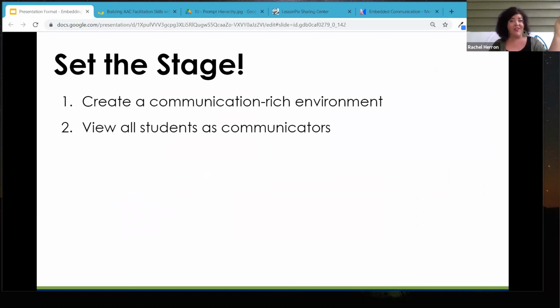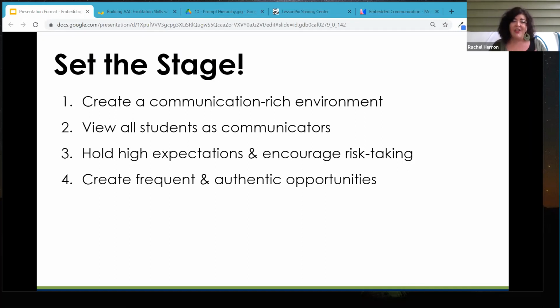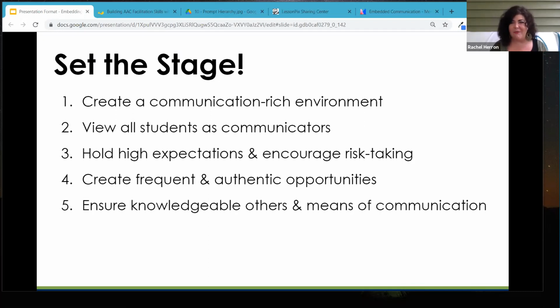I know Ashley Quick is giving a session right now in the other Zoom room about presumed competence, but thinking about our students as communicators instead of visualizing them in a different mode or not having those high expectations, which is number 3, holding high expectations to encourage all of that risk taking, and then creating all of these different opportunities for students to be able to utilize their communication, because who wants to talk in a group? Who wants to participate? Most everybody, right?